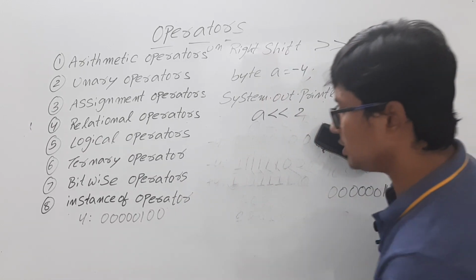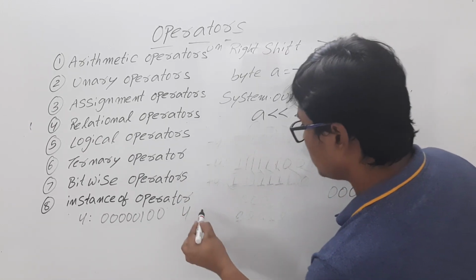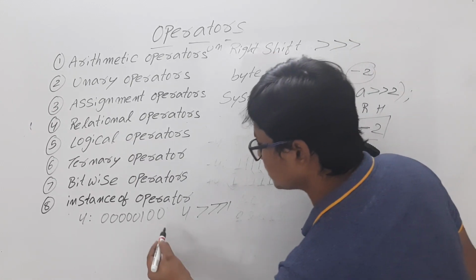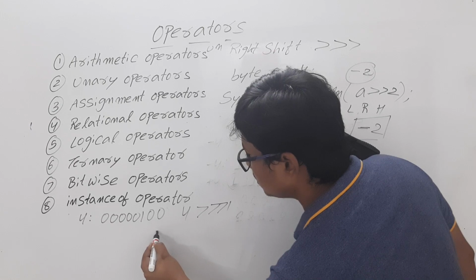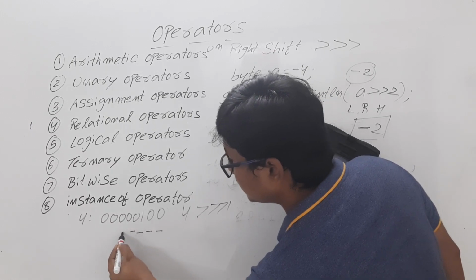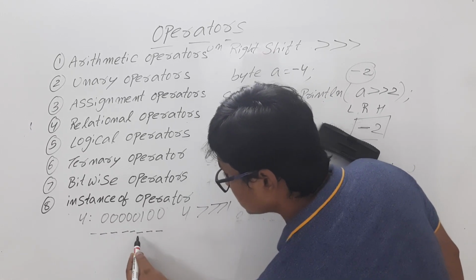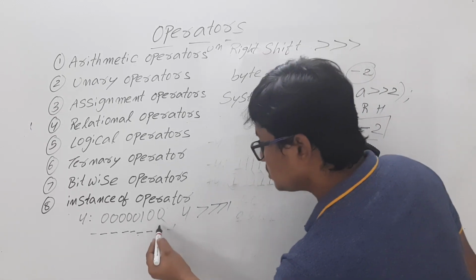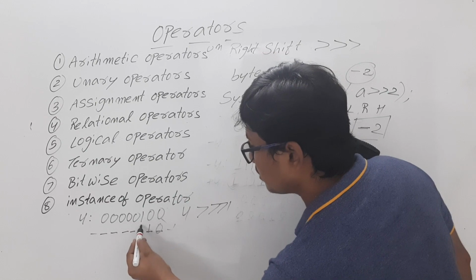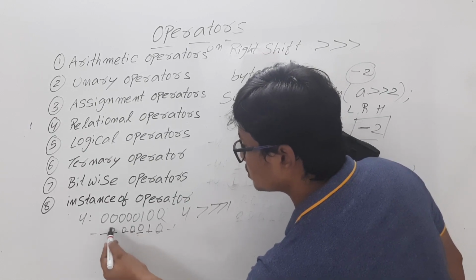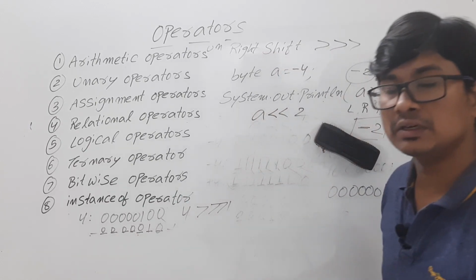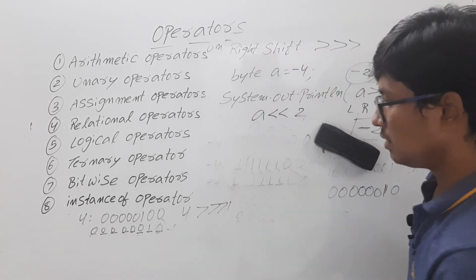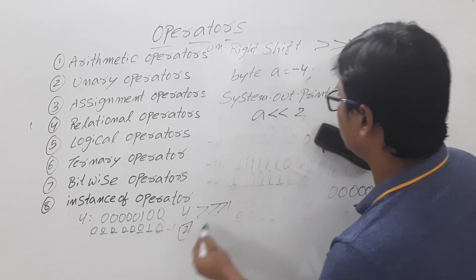If I perform unsigned right shift on 4 by 1 bit, you will again have 8 bits. This 0 you will lose, and this 1 will come here, and here 0 0 0 0. Here the empty position, you will not look at the sign, you will simply keep the 0.